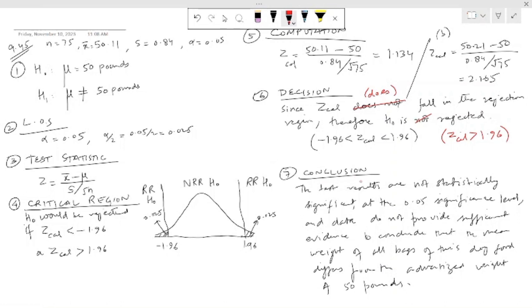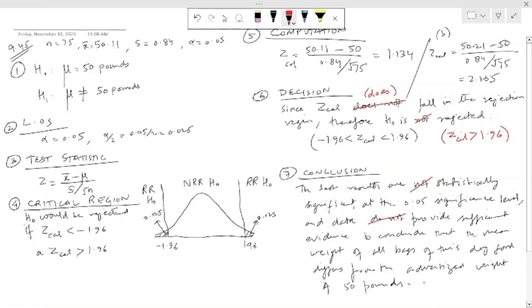Now we go to the conclusion. Again we will make changes in the conclusion accordingly, and we will cancel out this negating aspect. The test results are statistically significant at the 0.05 significance level, and data do not is cancelled out, and instead we state it as, and data provide sufficient evidence to conclude that the mean weight of all bags of this dog food differs from the advertised weight of 50 pounds.